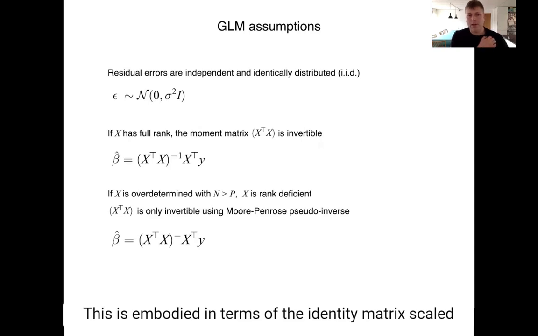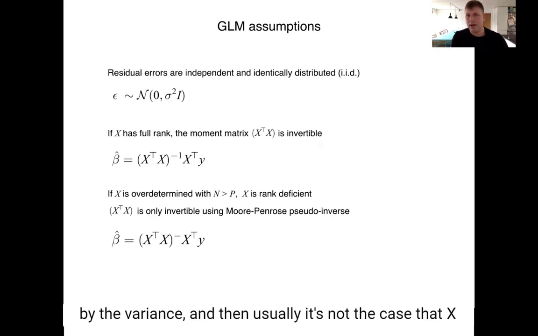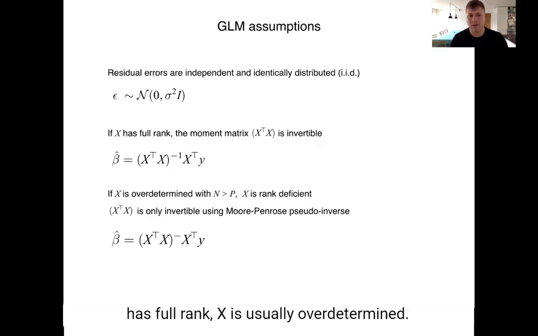This is embodied here in terms of the identity matrix scaled by the variance. Usually X does not have full rank, which means that X is usually overdetermined.